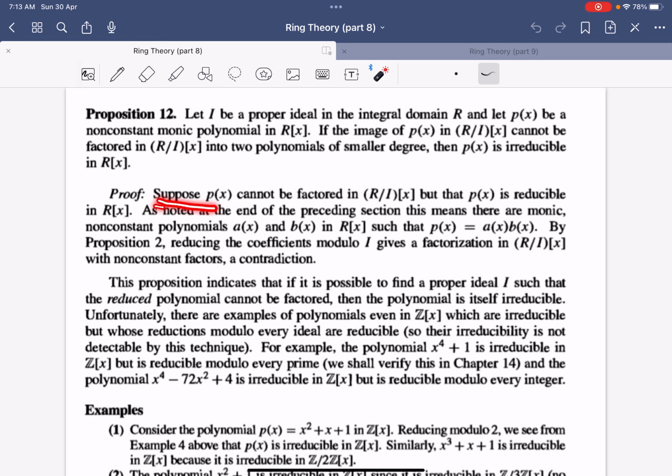So we suppose that P(x) cannot be factored in the quotient ring, but we suppose that P(x) is still reducible in the original ring. As noted in the previous video, we can just let P(x) equal A(x) times B(x) because it's reducible, and then by reducing the coefficients modulo I, because you can create a ring homomorphism, this gives us a factorization with non-constant factors, and so this is a contradiction.